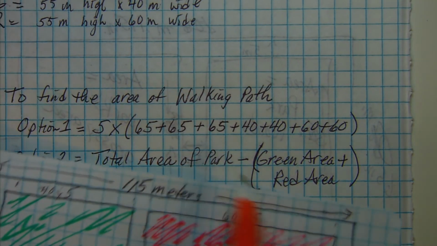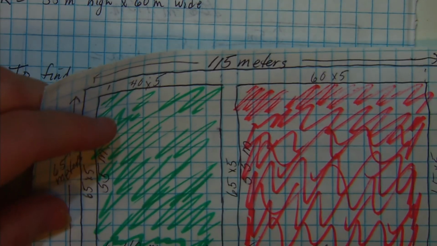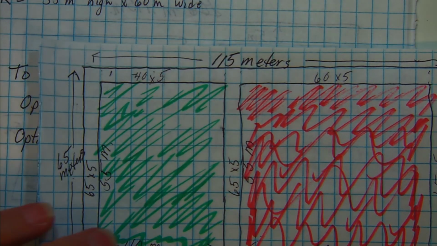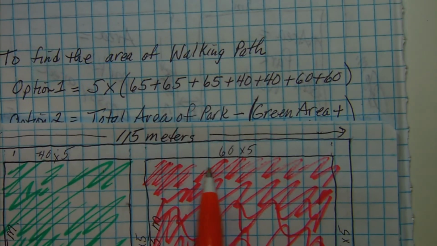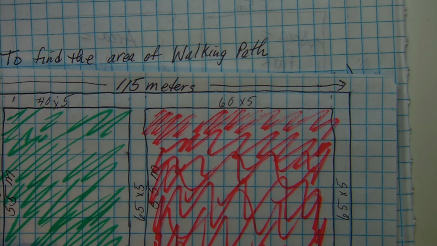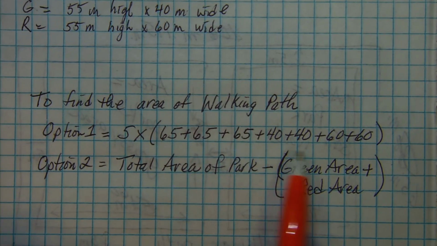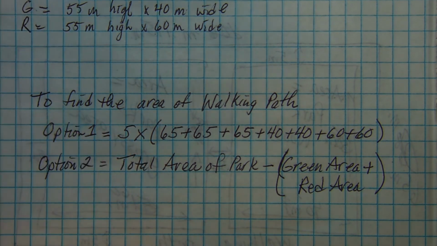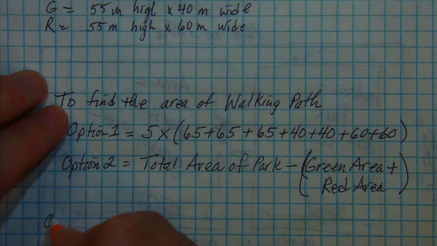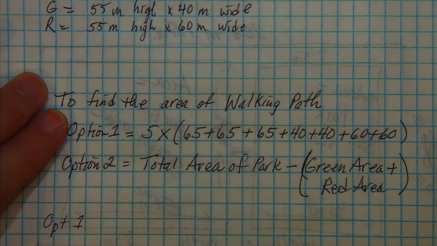Then I would add the 40 and 40, the 40 here and the 40 here. And last but not least, the width of 60 here plus the 60 here. I can put that all in parentheses because they are all going to be multiplied by 5 meters wide. So let's do option 1. And I will let you know, this is not the option I would choose.